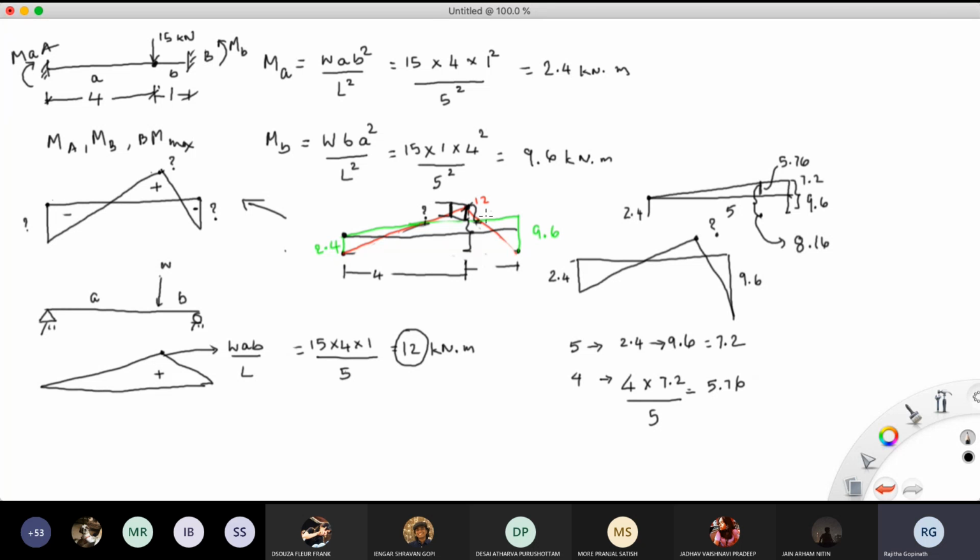Now this distance, from here to here, is 8.16. I'm actually interested to find out only this much distance, so I might as well just subtract it from 12. So I get 3.84. So this is 3.84.